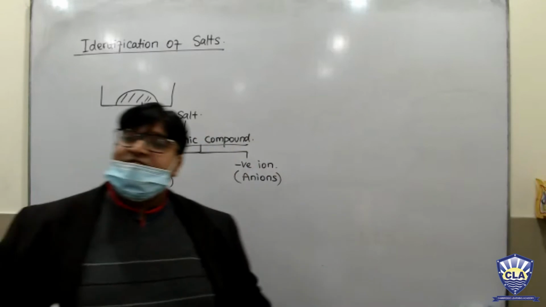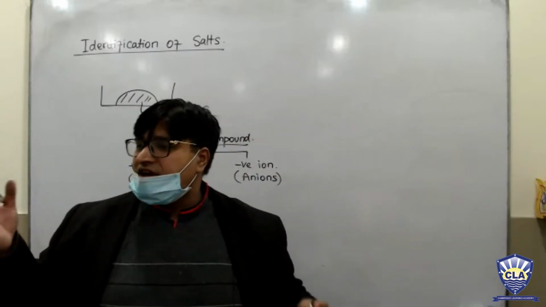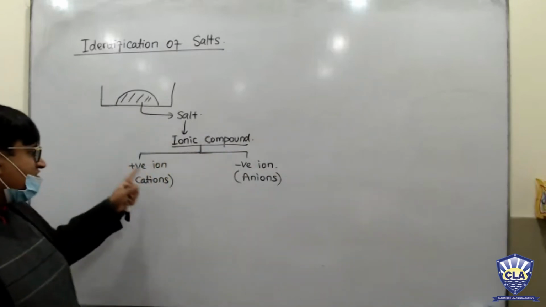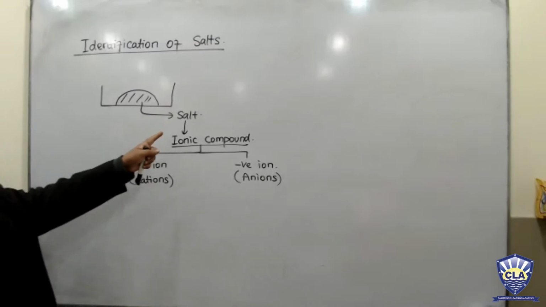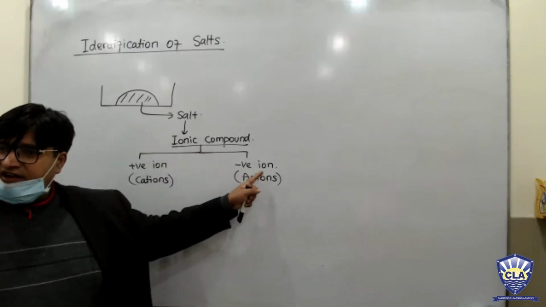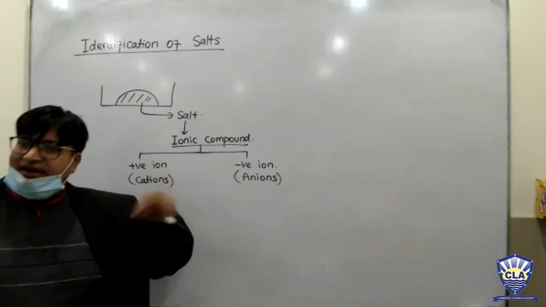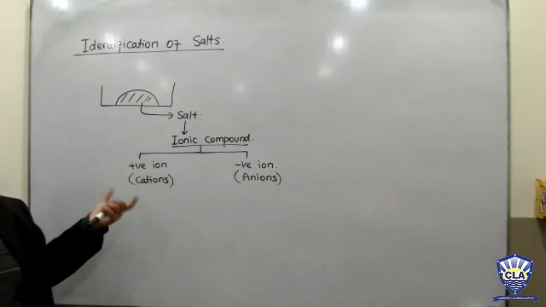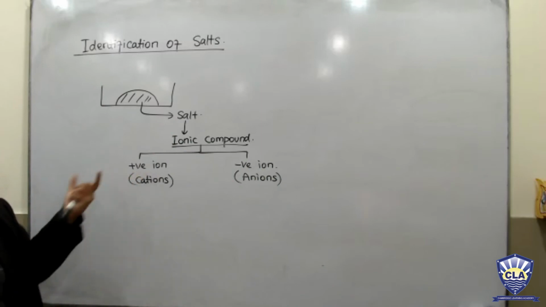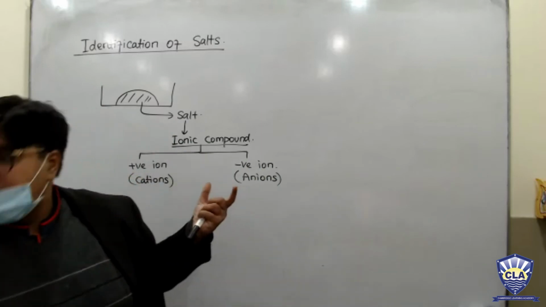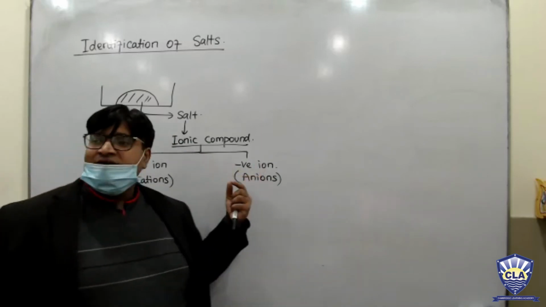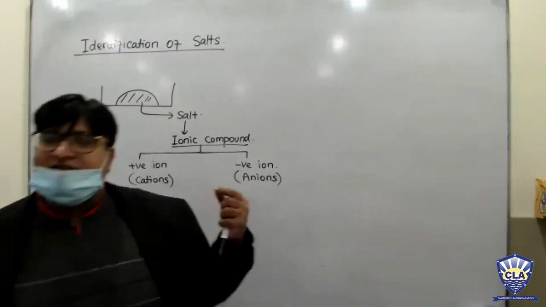So we have different techniques by which we come to know which positive ion is present in the salt, and some techniques by which we can tell which negative ion is present in the salt. Let's suppose by those techniques we get the positive ion, copper, and the negative ion, iodide.